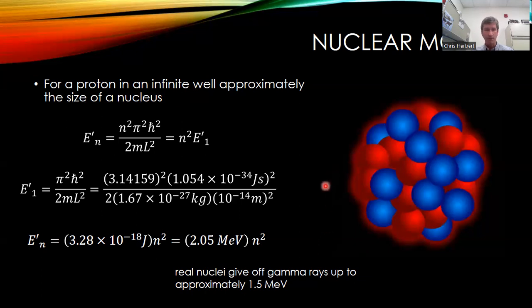The strong nuclear force goes out to 10 to the minus 15 meters and then almost disappears and drops off. So that's very different from the 1 over r. But we do see some of the orbital angular momentum mechanics come into play with the nuclear energy levels.